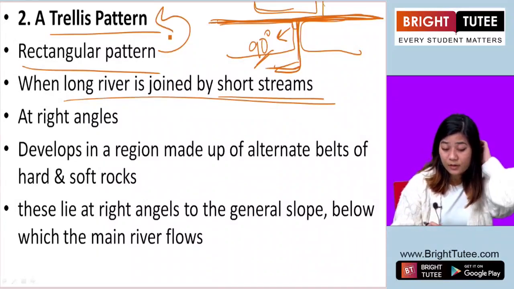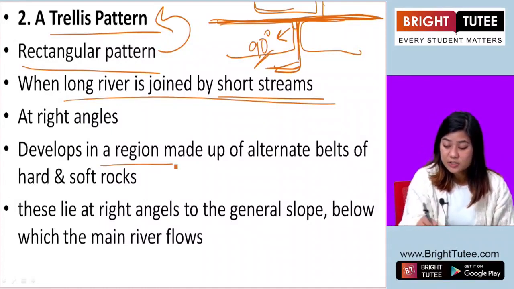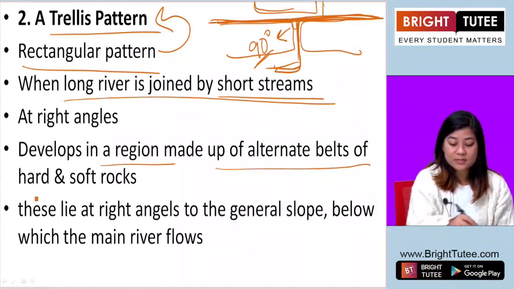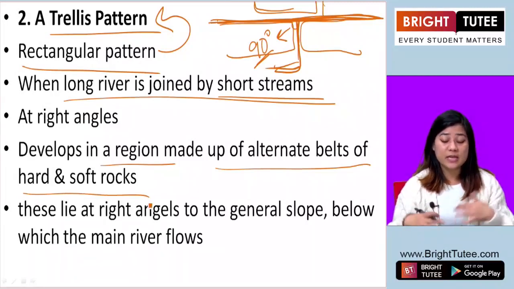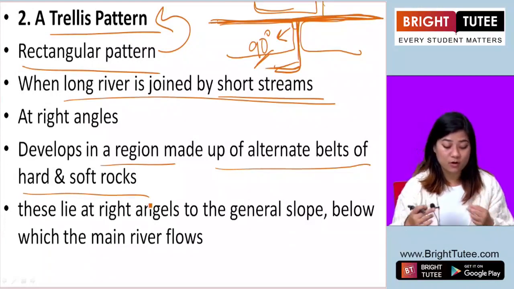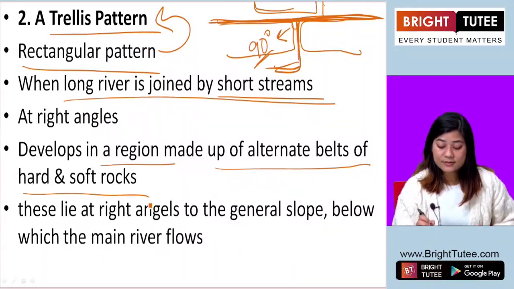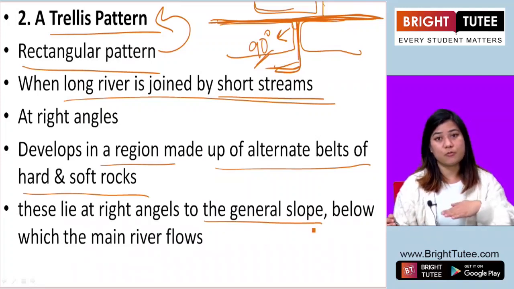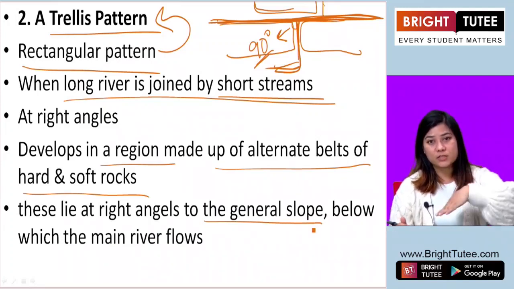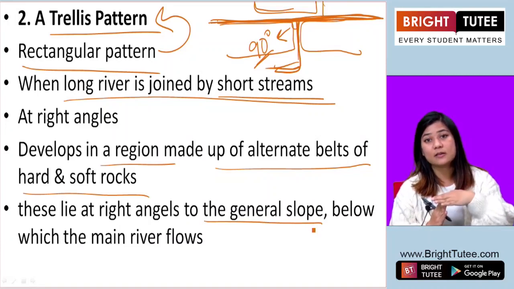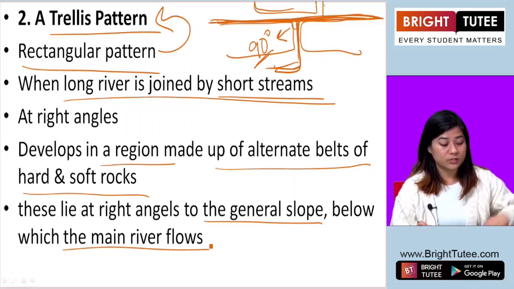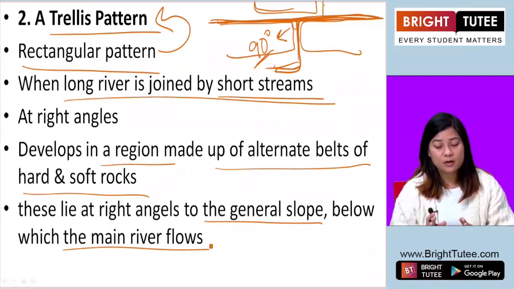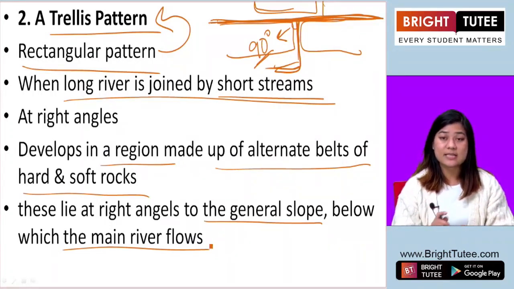Okay. Now this develops in a region which is made up of alternate belts of hard and soft rocks. Here the rocks need not be uniform, they need to be hard and soft. All right, and these lie at right angles to the general slope. So the slope of the surface has to be at right angles with the rocks, below which the main river flows. So here what you need to understand and remember is that the river forms a rectangular pattern.